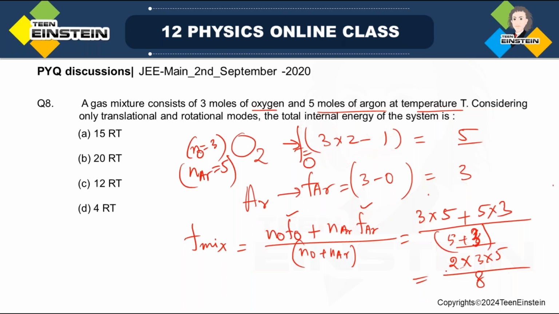So it is 15 by 4. The degrees of freedom for the mixture is 15 by 4.